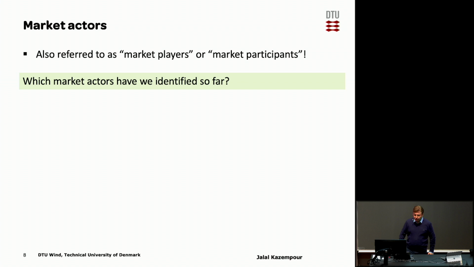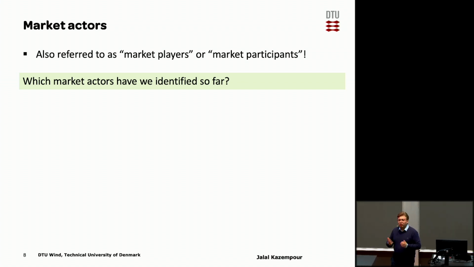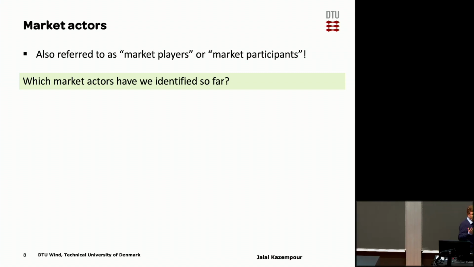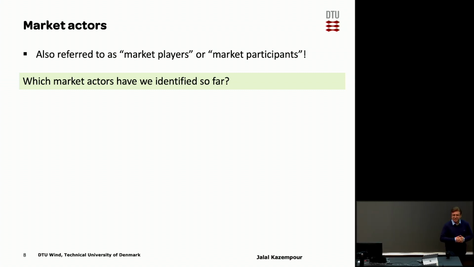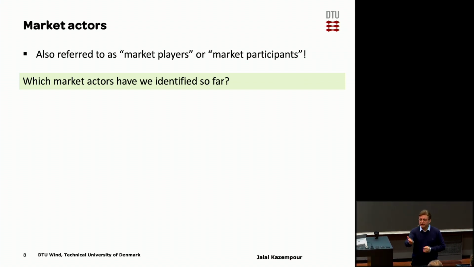When I say market actors, it can also be referred to as market players or market participants. When you see that I'm using these words interchangeably, I'm talking about the same thing. So, which market actors have we identified in the previous lecture? Can you remind me? Yes, please.